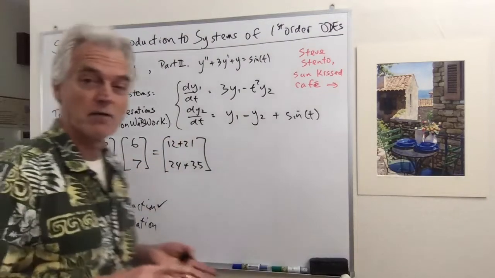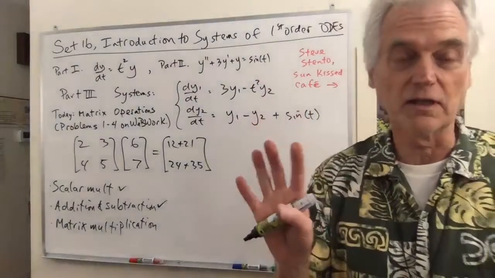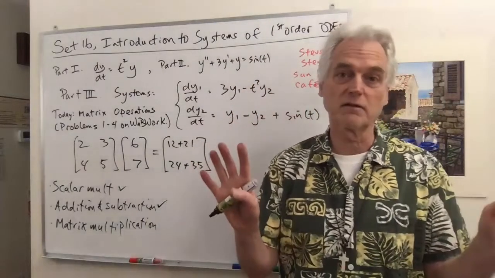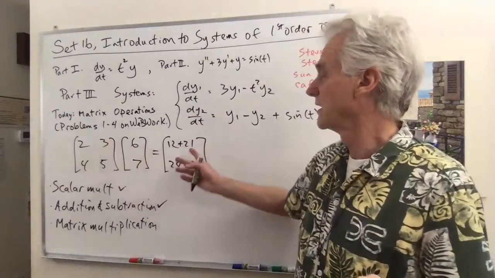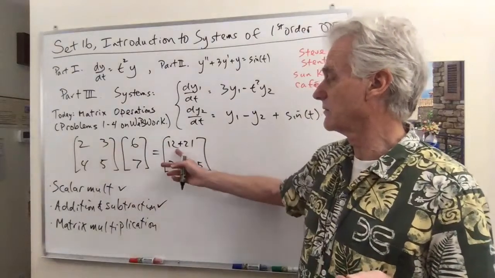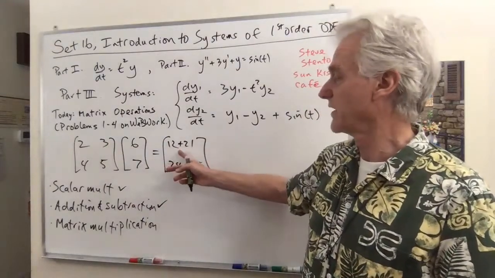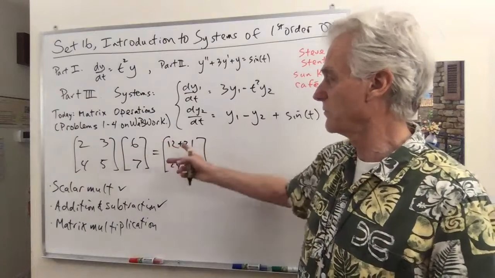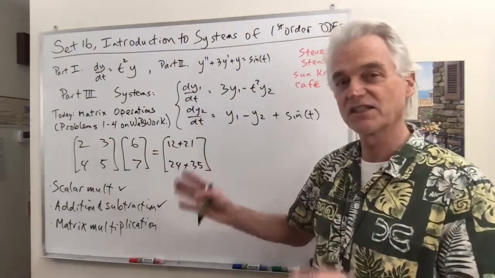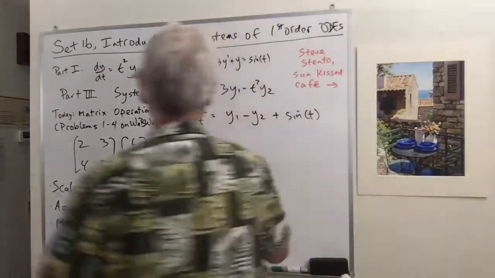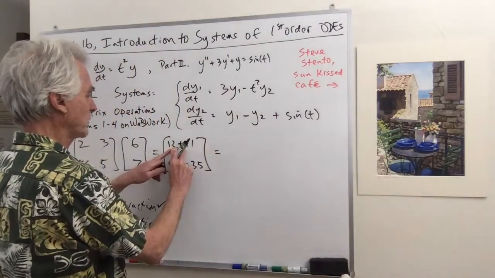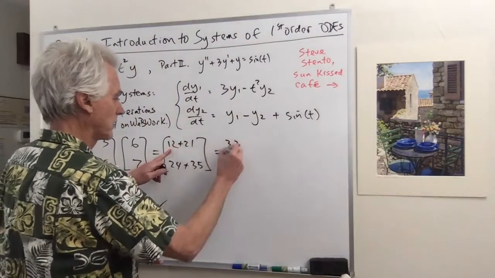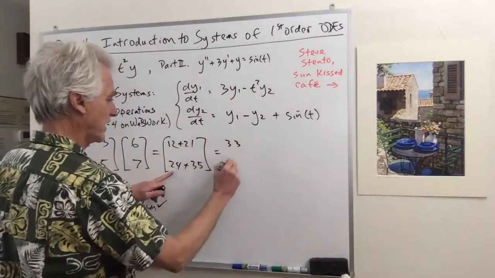And what I like to do, at least for me, you can find out what works for you, is do the multiplication in my head, and then write down the result. But don't try to do the multiplication and the addition in the same step. So the result would be 12, this is what, 33 and 59.